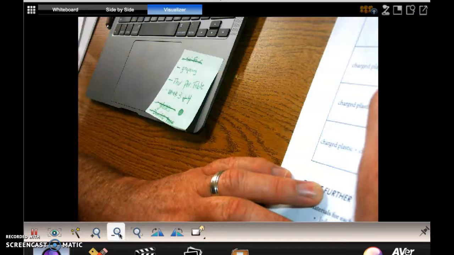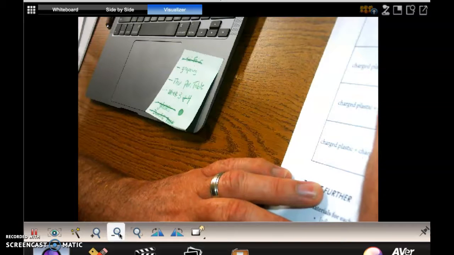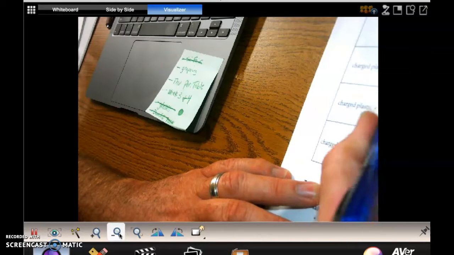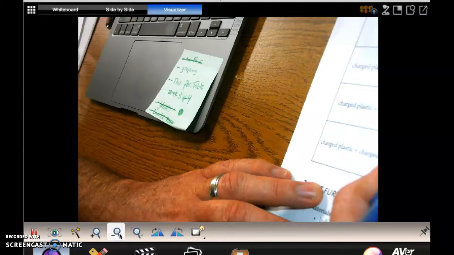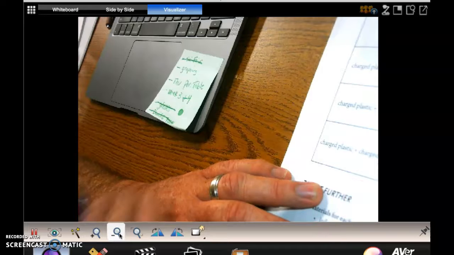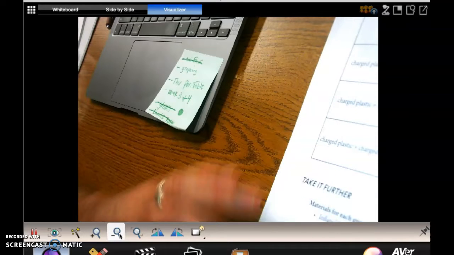And so now what we're going to do is fill those in. The charged particle in your skin attracted, charged in the desk attracted, charged and charged repelled. Okay, we'll fill the rest of that in later.